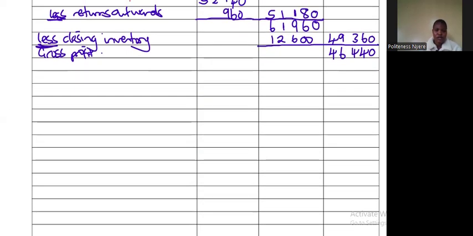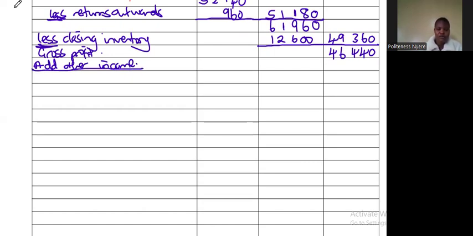Then let's move on. Now we want to check if there are any other types of incomes. So we are going to put here and say add other income so that we can find out what is our gross income.